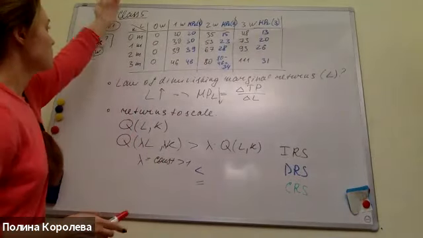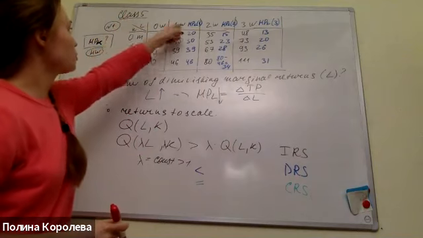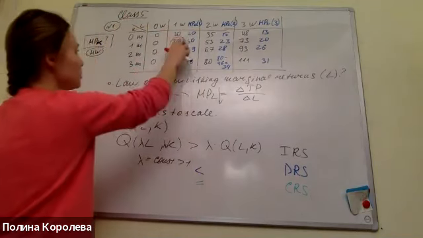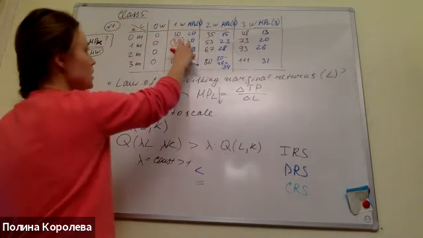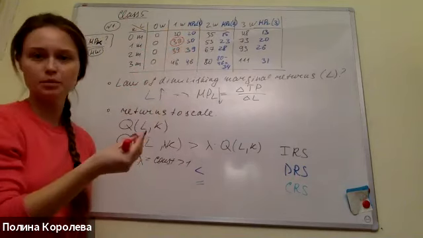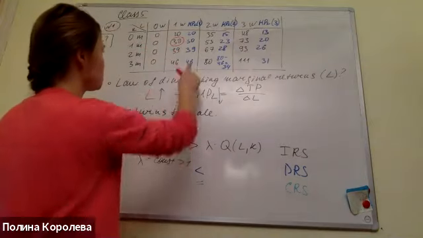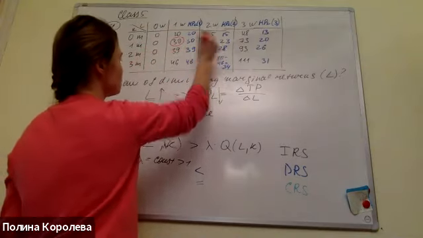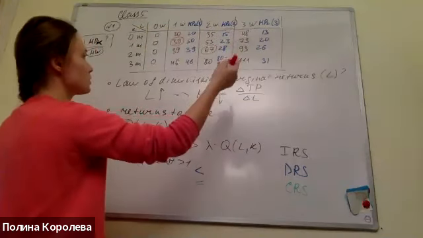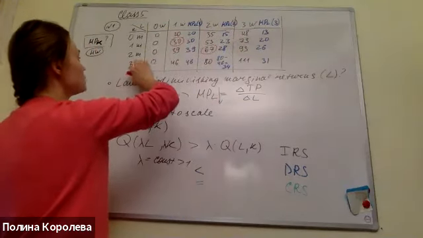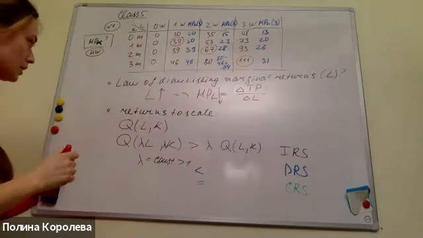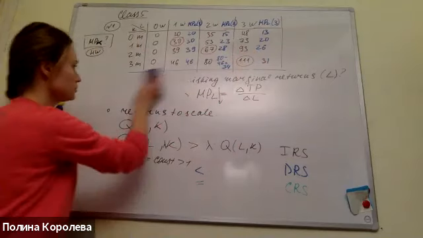Before we had 1 worker, 1 machine, and we produced this amount. Then we doubled the resources, so we take 2 machines and 2 workers. And then triple, 3 machines and 3 workers. Let's check.